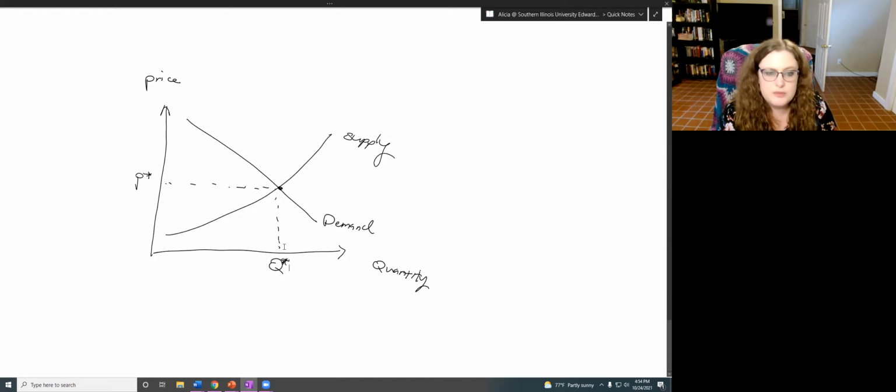Okay, so we need to think about a couple things here. First is the relationship between what people would have been willing to pay and what they actually ended up paying. So let's say that this is the coffee example. Let's say our equilibrium price is, I don't know, $4. And at $4, we have 5 lattes. Well, maybe if we had only one latte in the entire world, someone would be able to pay, I don't know, $10 for it.